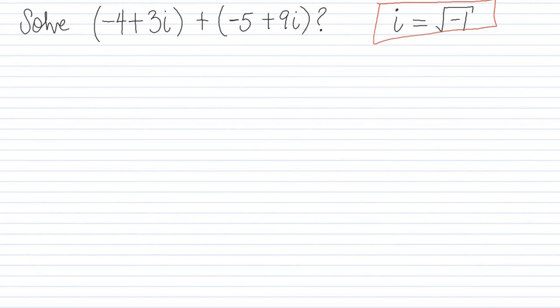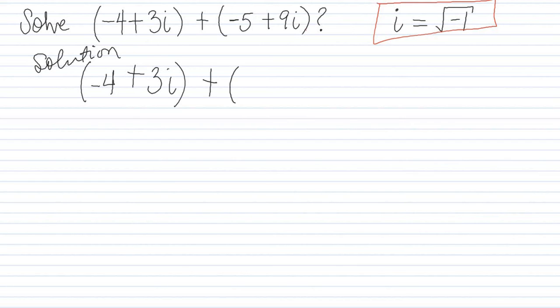And when you want to solve it, as much as i is not a variable, it is good for you to think about it like a variable. So let's go on to do this problem. You've got -4 plus 3i, plus -5 plus 9i. Well, the first thing you have to do, because you're working with brackets, is to expand, or distribute, to remove the brackets.